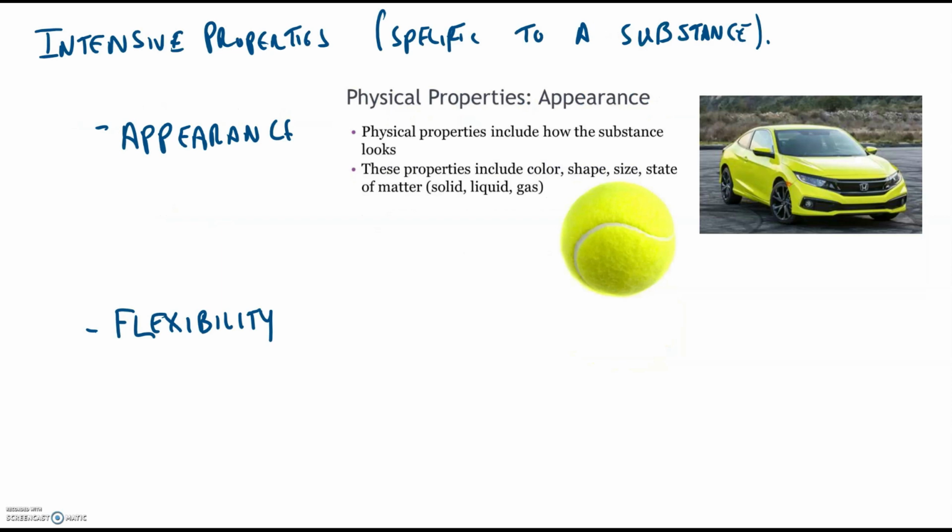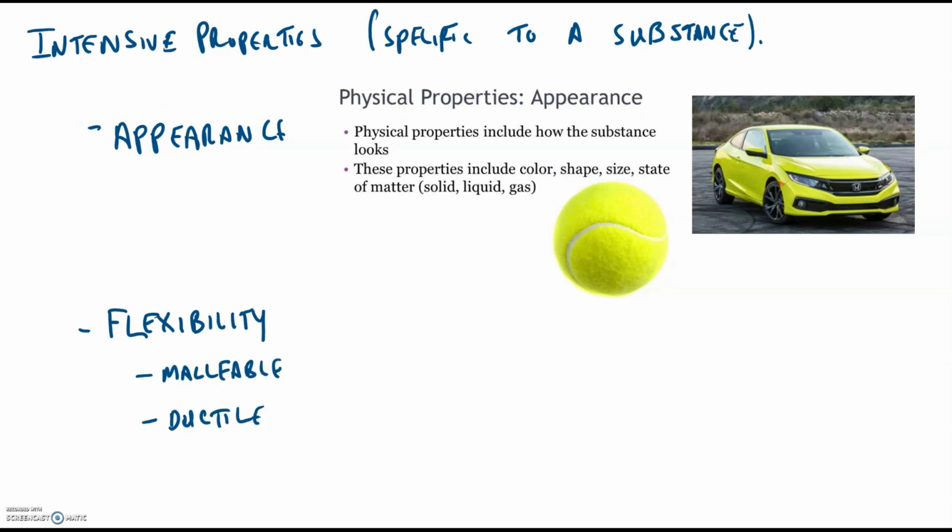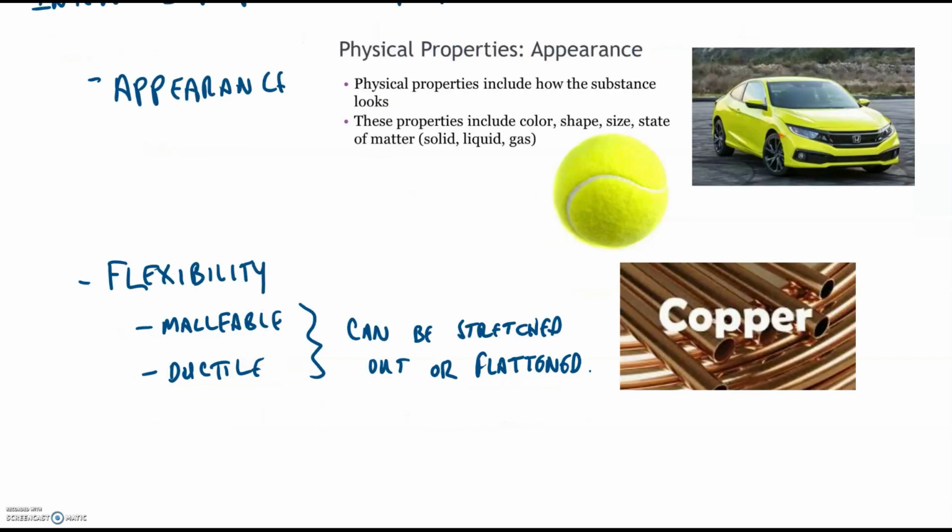They would know exactly what you're talking about. Another good example of an intensive property is flexibility. Words that we might use to describe flexibility would be malleable or ductile. And all this really means is that they can be stretched out or flattened. A good example of a material that has high malleability or ductility, something like copper. It's clearly a metal.